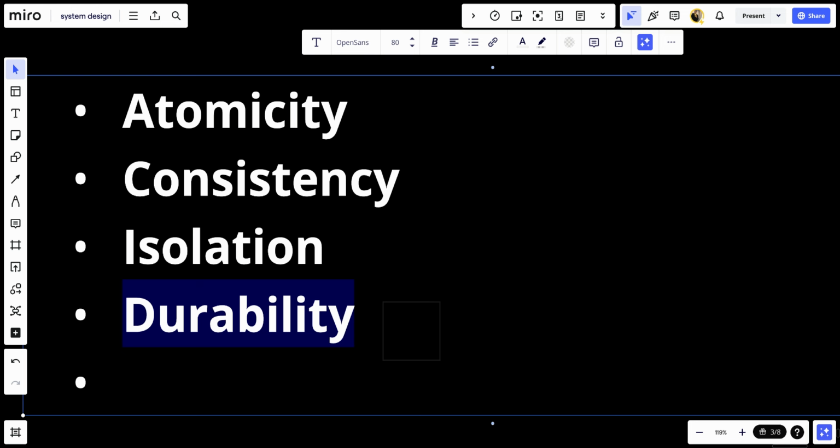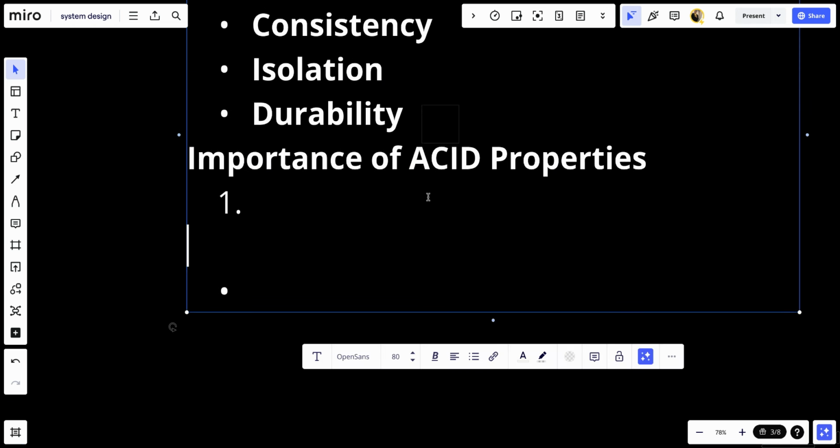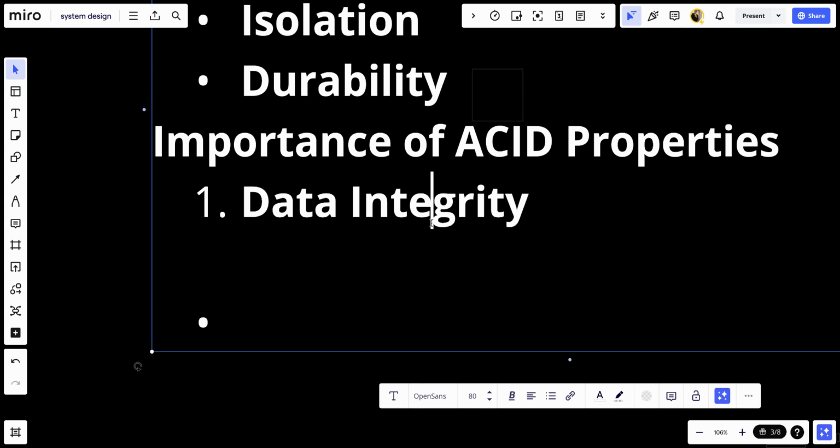Let's talk about the importance of the ACID properties. The first thing that I would like to talk about will be data integrity. ACID properties ensure that the database remains accurate and reliable even in the face of concurrent access and failures.